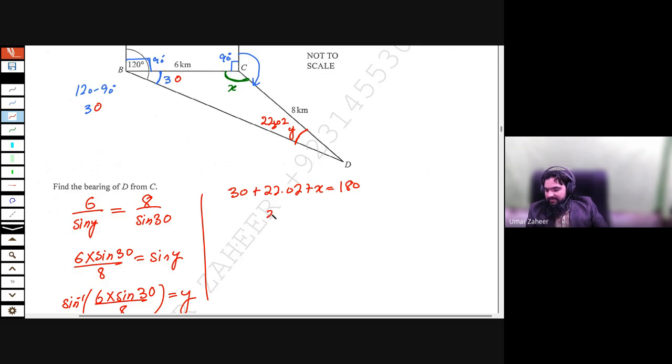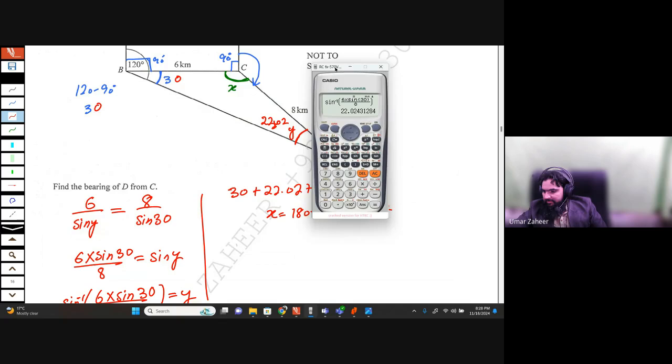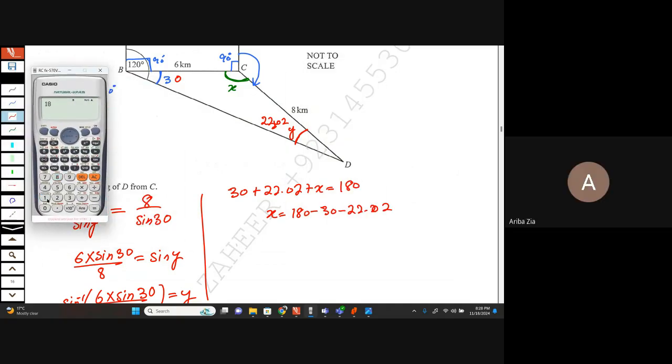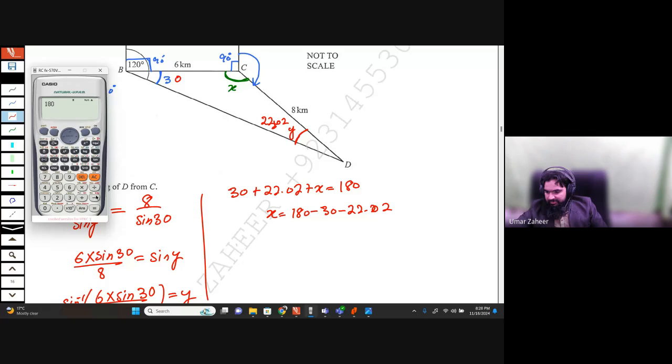We have to find x, take it on the other side, it will be 180 minus 30 minus 22.02. Yes, that will be equal to 127.98.